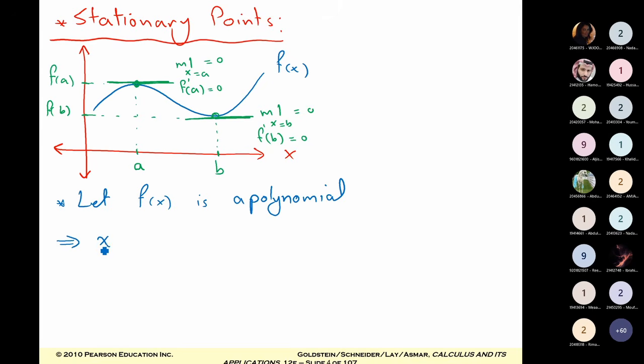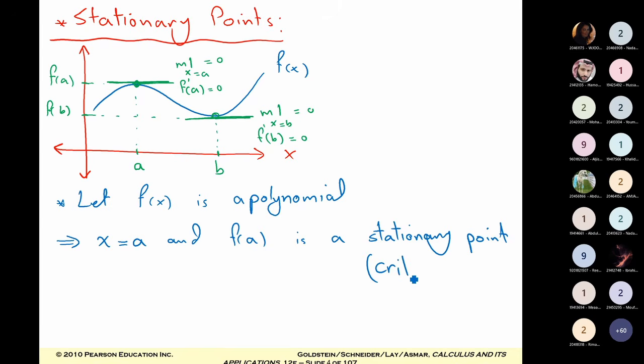So x equal A and f of A is a stationary point, or called a critical value.